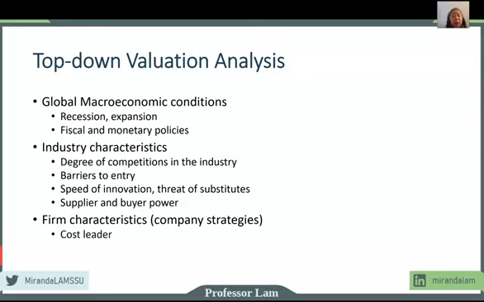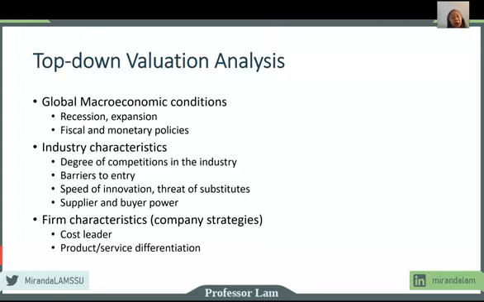For example, within the industry, does a firm try to be the lowest cost producer? In that case, that is a strategy, and we can look at the financial statement: is the firm's cost really lower than its competitors? By that, we can confirm from the financial statement whether or not a firm is successfully implementing its strategy.